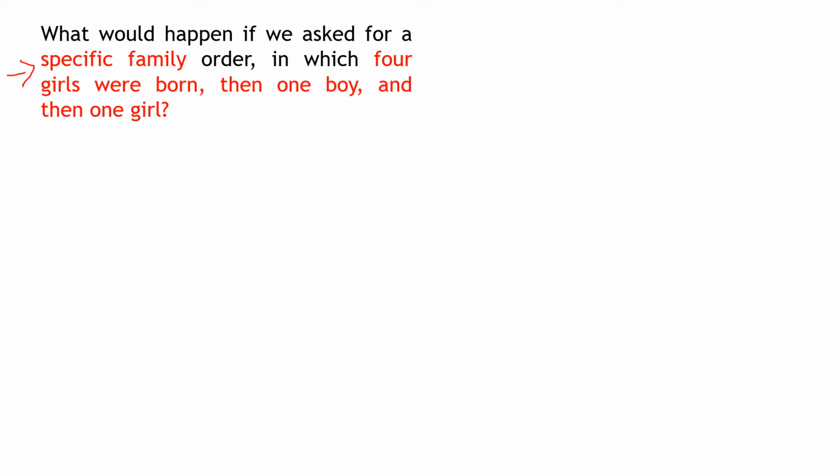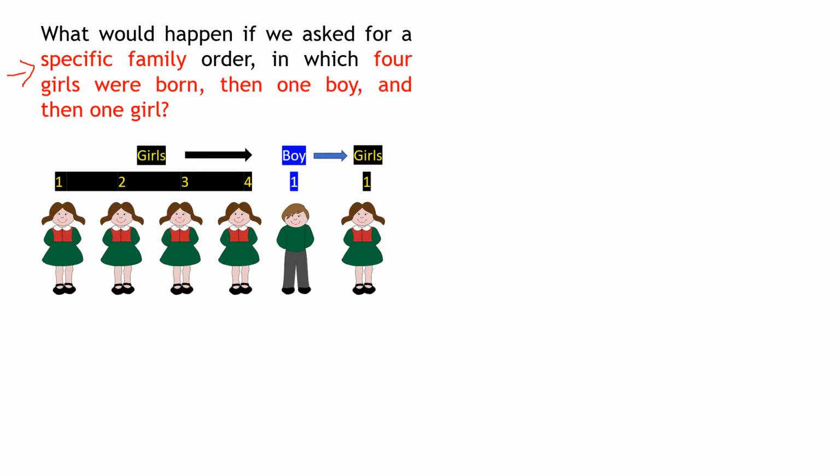Okay, so let's try. They are saying that you have 4 girls. Here you have these 4 girls. Then there is 1 boy, and then there is a girl. And remember, every time you have a kid, you have the same chances: half of the chances of getting a girl, half of the chances of getting a boy.